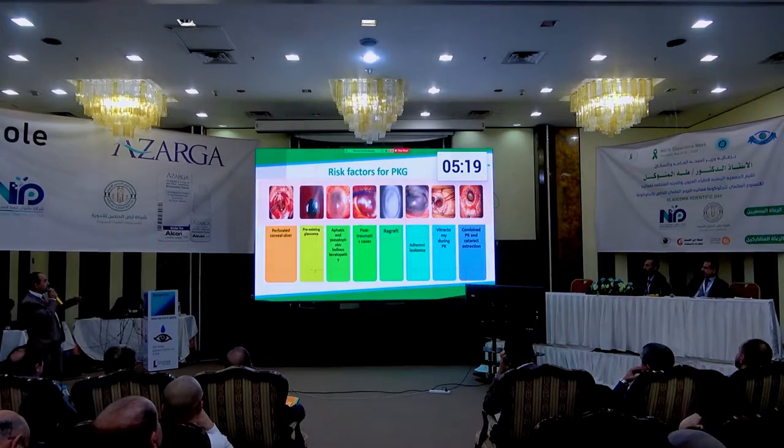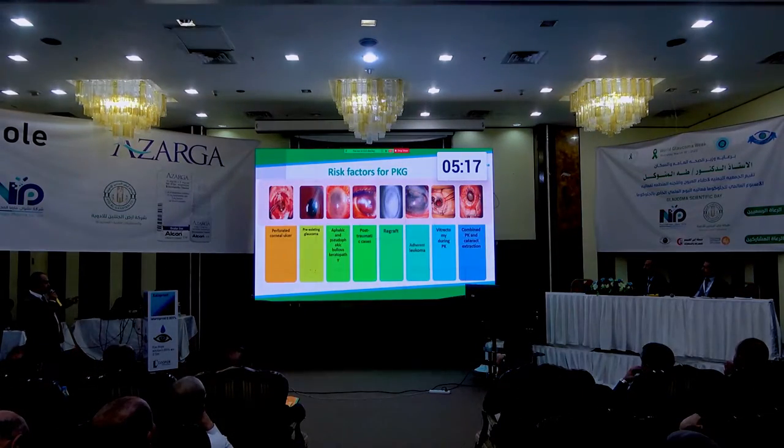Regraft is related to the thickness of the peripheral cornea being more than the central. Also, combined penetrating keratoplasty and cataract extraction is a high risk. Here also herpes simplex keratitis is very high risk, while keratoconus or corneal stromal and endothelial dystrophy is low risk for developing post-keratoplasty glaucoma.